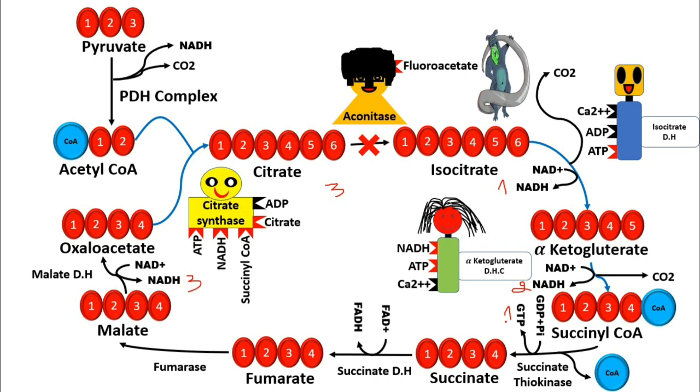We have just 1 GTP and we have 1 FADH2. And here we have 1 CO2, and here it becomes 2 CO2. So that means we produce 3 NADH, 1 GTP, 1 FADH2 and 2 CO2.